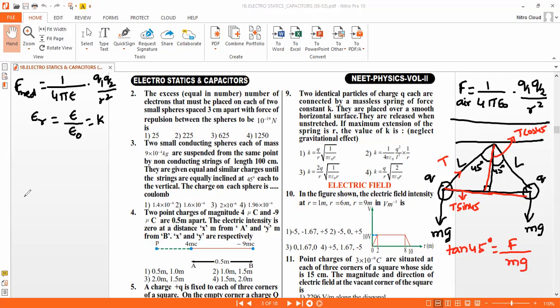So I can write F is equal to mg times tan 45.